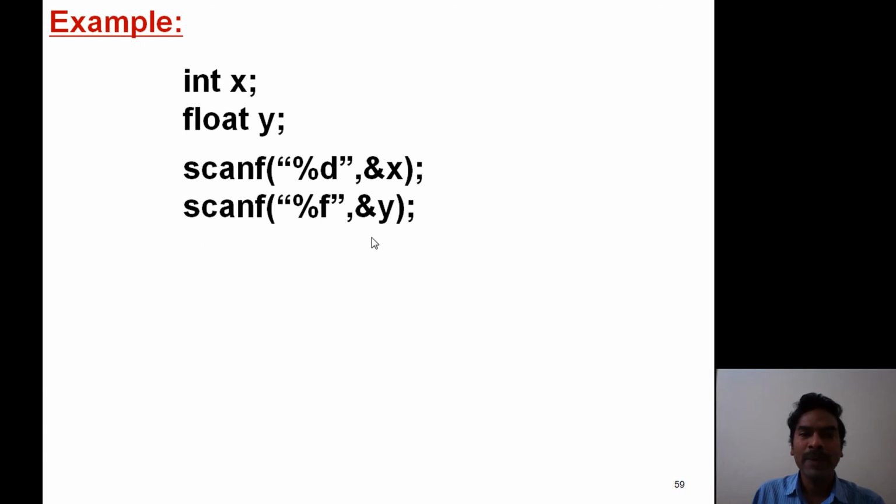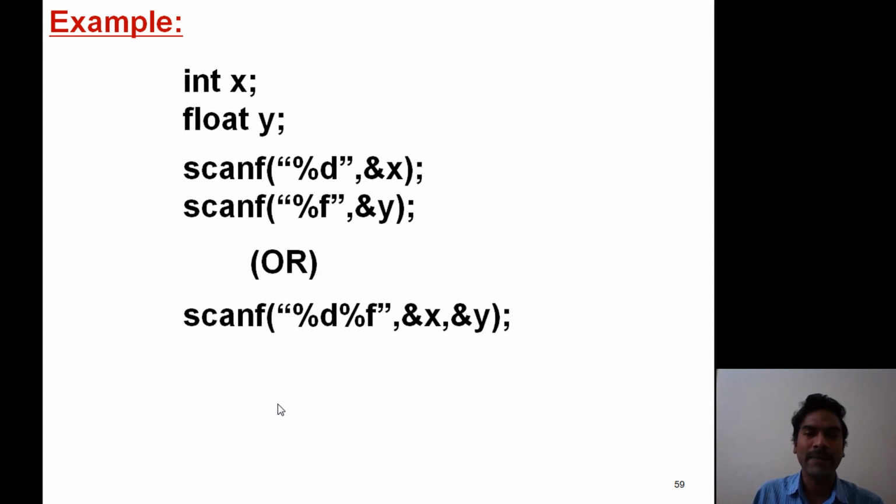Here we place two individual statements, but it is not necessary to specify them individually. We can also combine them into a single statement in this format: scanf, within double quotation marks, %d %f, comma.